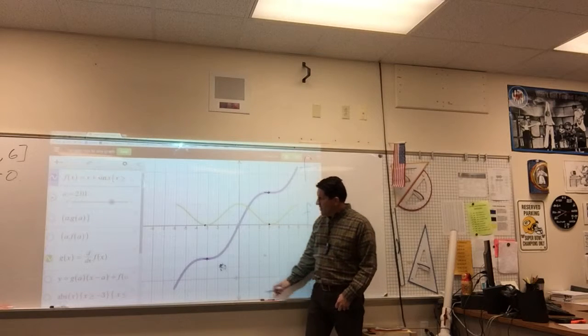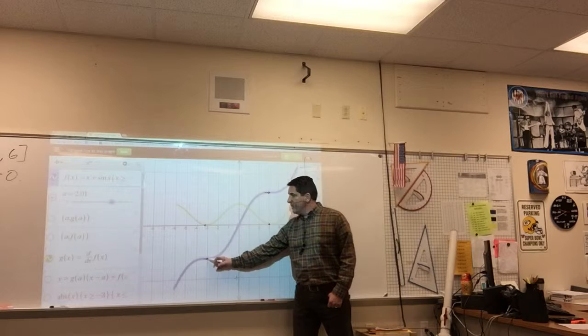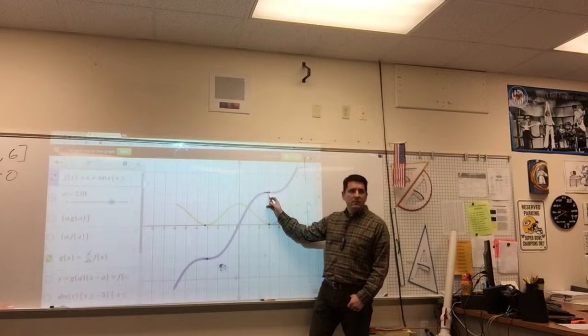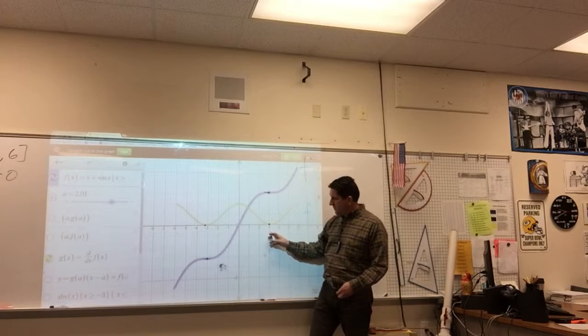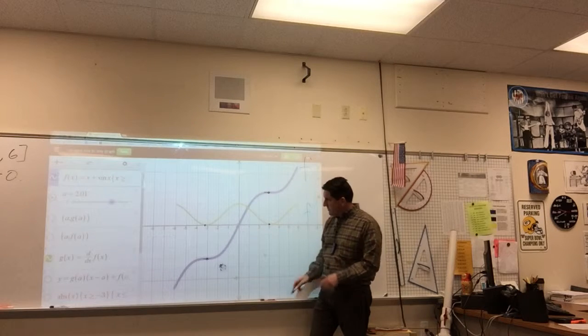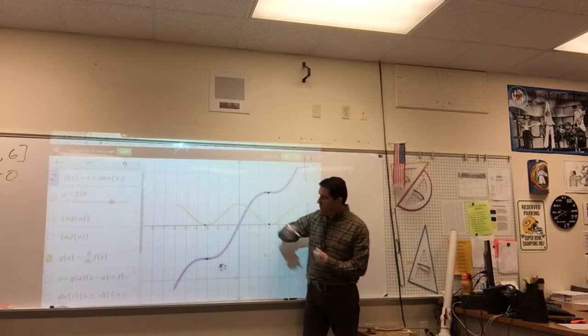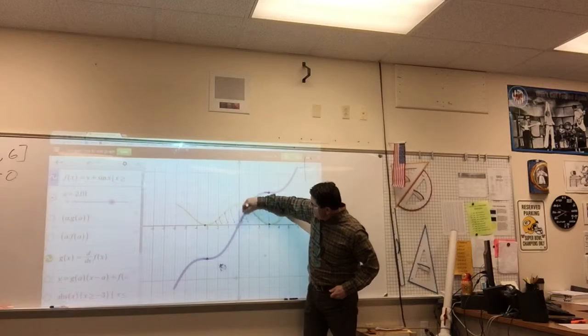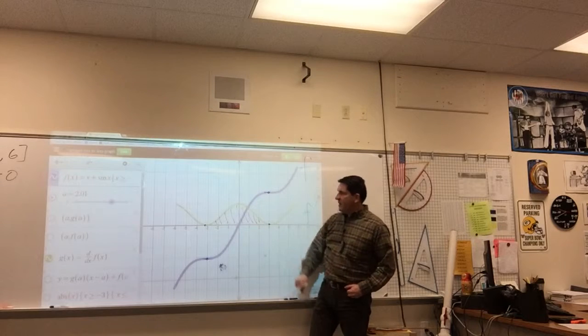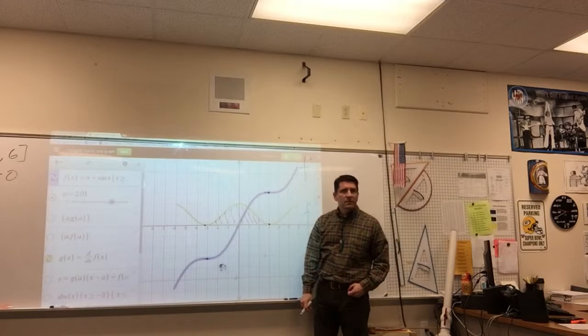And you might ask, how much does it increase as it goes from here to here? As we go from this -3 to this +3-ish number, how much does it increase? Well, we go to the derivative and ask, what is the area under that curve?